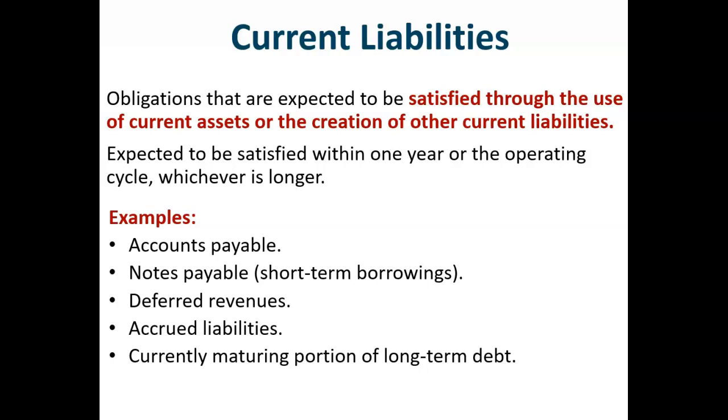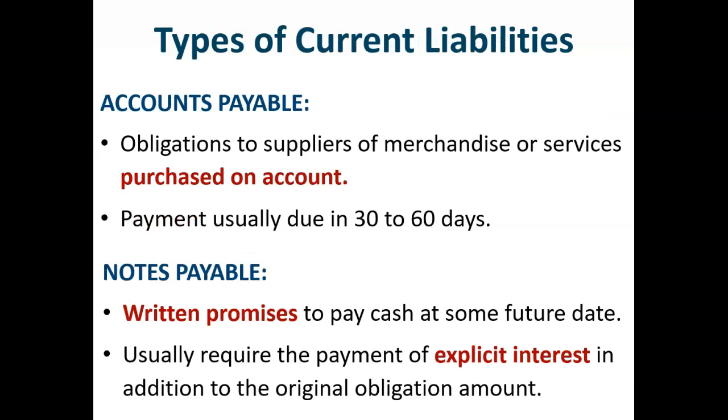The most common current liabilities are accounts payable, notes payable from short-term borrowings, deferred revenues, accrued liabilities, and currently maturing portion of long-term debt. Accounts payable are obligations to suppliers of merchandise or of services purchased on account.